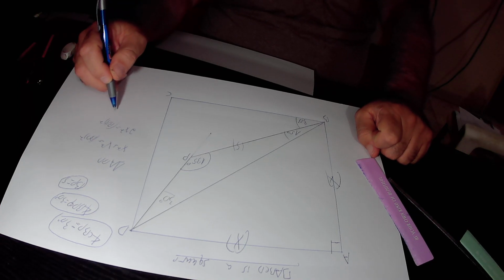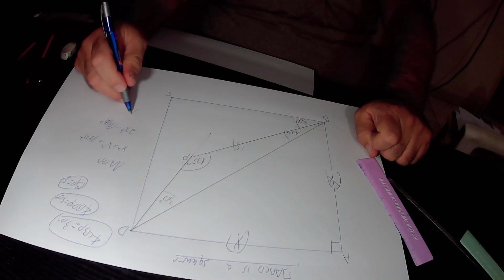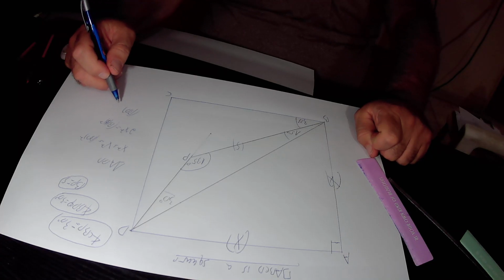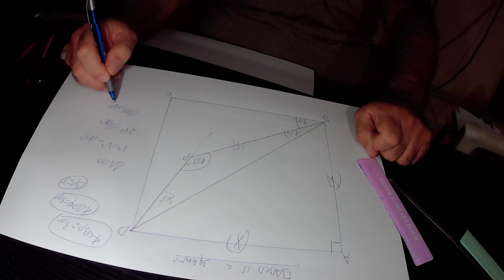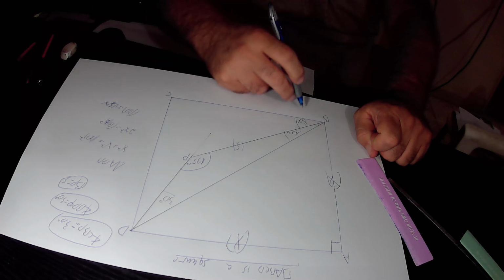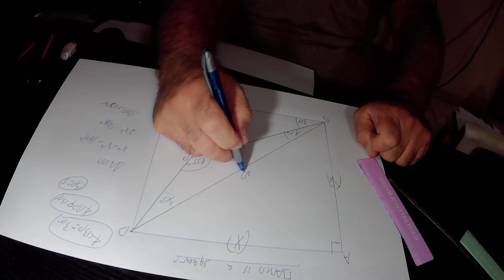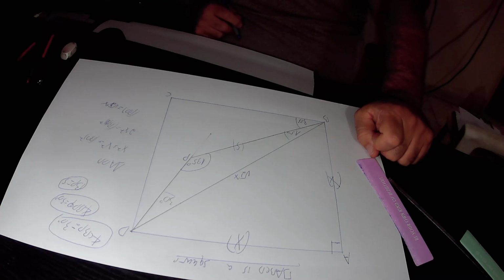Taking the square root, we finally get that BD, the hypotenuse, is equal to the square root of 2 times x, according to the Pythagorean theorem.